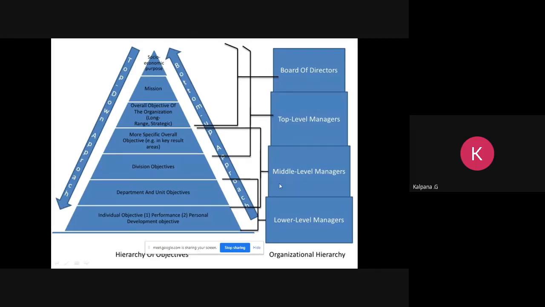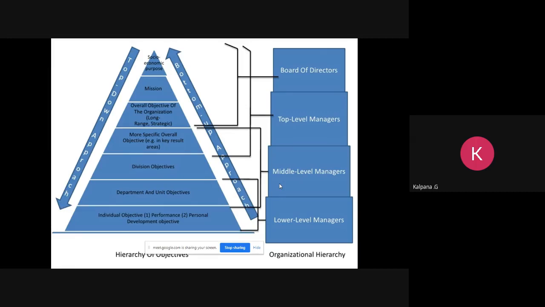And on the right hand side, we have the team or people who are responsible for all these objectives. When I say responsible, they are the people who set or frame these objectives, and they are the ones responsible to achieve those objectives. So when you look at the board of directors, they are the management people, isn't it?